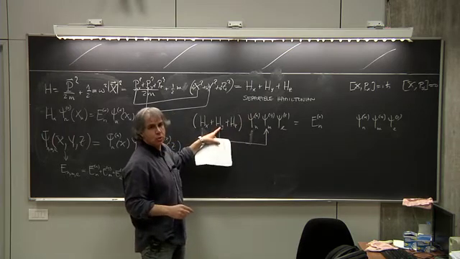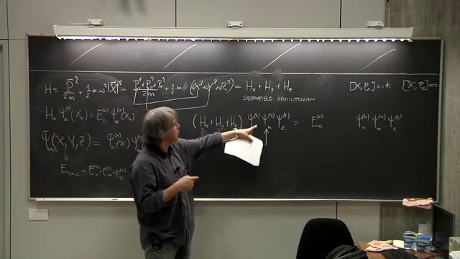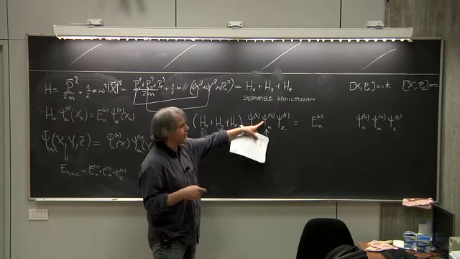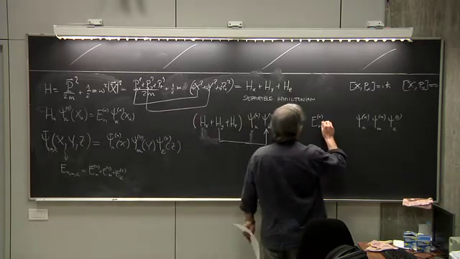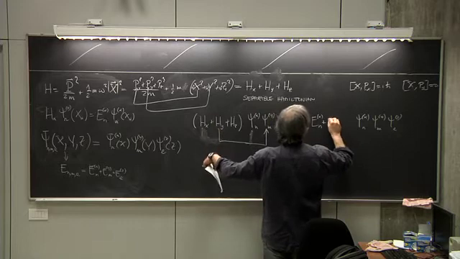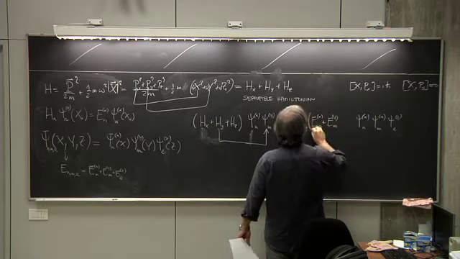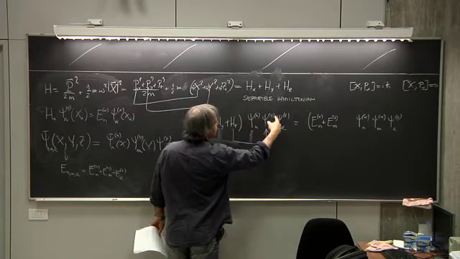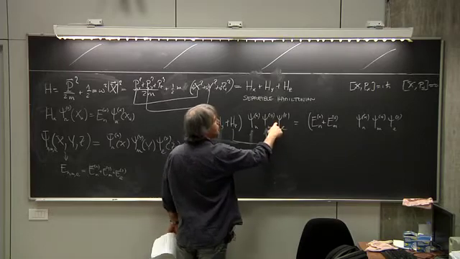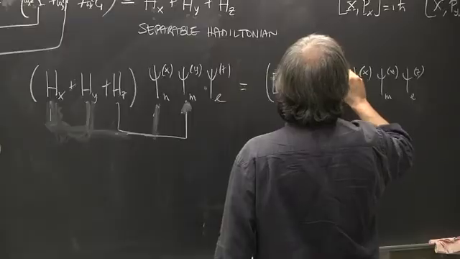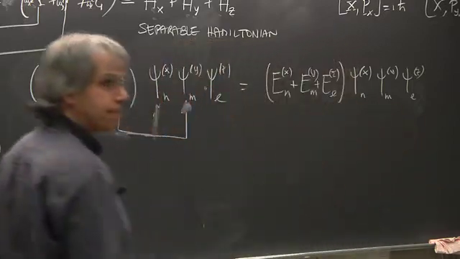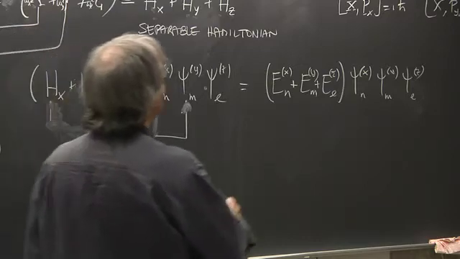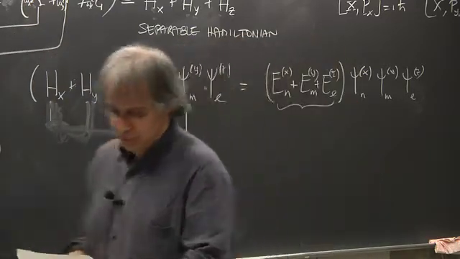But it can do so because the y momenta and coordinate commute with the x, so you can actually just move this operator just there. And when it gets there, it produces just another plus E y m. The third contribution, also in the same spirit, jumps over these two because they commute, acts on that and produces E z L. That's it. You have proved that the product wave function is indeed a wave function for the problem with eigenvalue equal to the sum of the three individual objects.